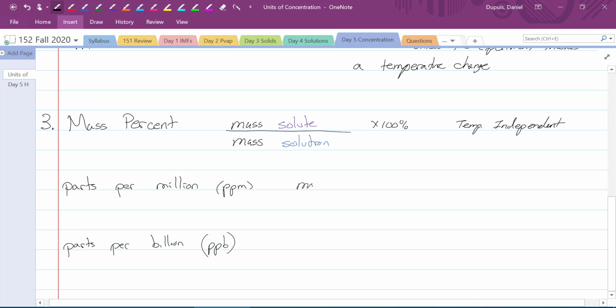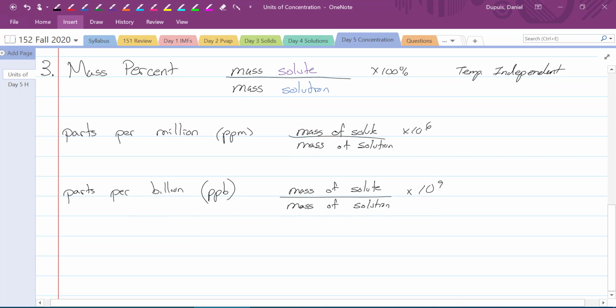It's mass of solute over mass of solution times 10 to the 6 for a million, and mass of solute over mass of solution times 10 to the 9th for a billion.